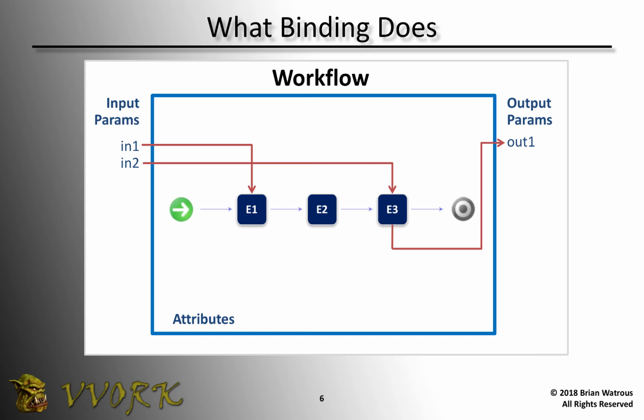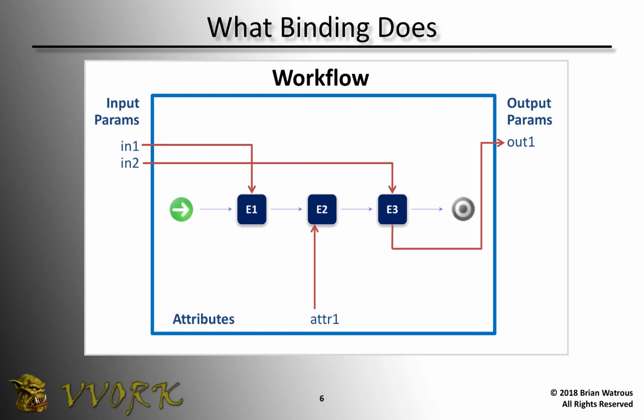On the other hand, we have another type of workflow variable called attributes. For instance, in this example here, let's imagine we had an attribute called attr1. Now, unlike input parameters and output parameters that are limited in terms of the type of bindings that you can do, with attributes, we could create a binding from our attribute to a local variable in a schema element, such as we've illustrated here with this latest red arrow.